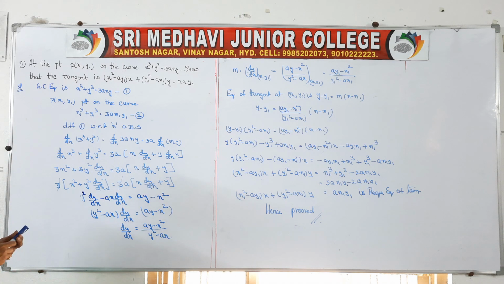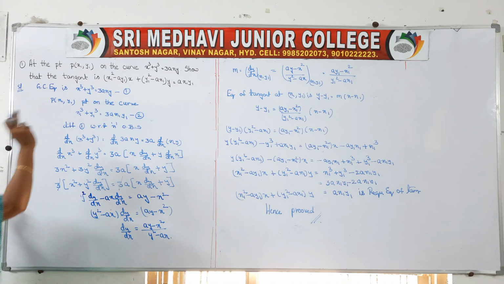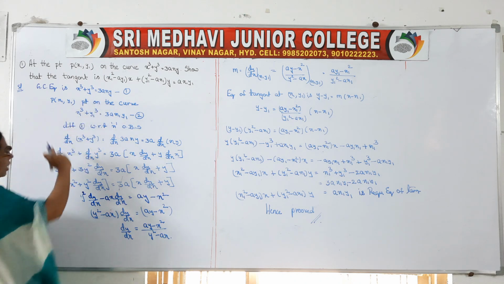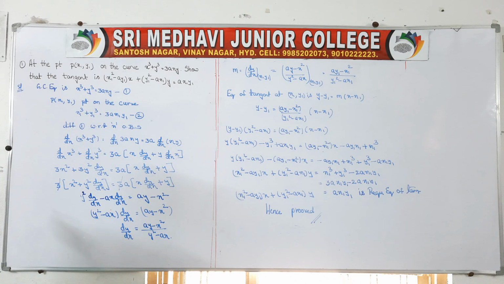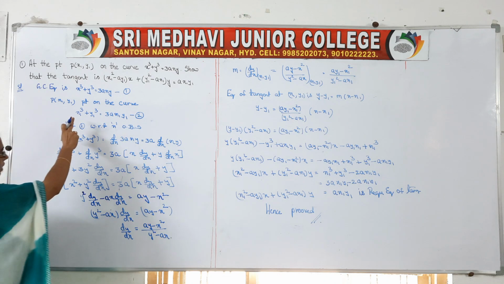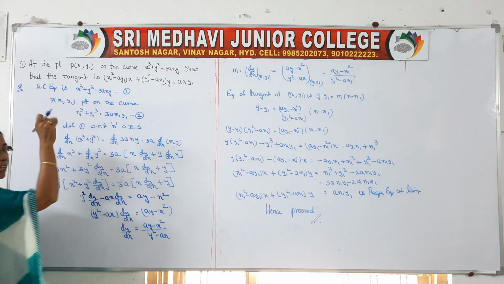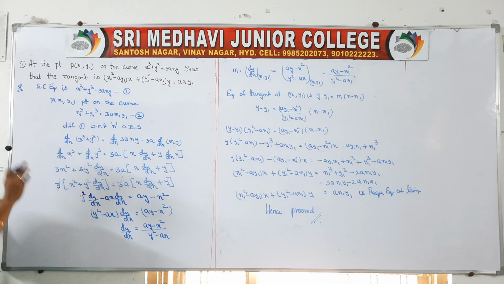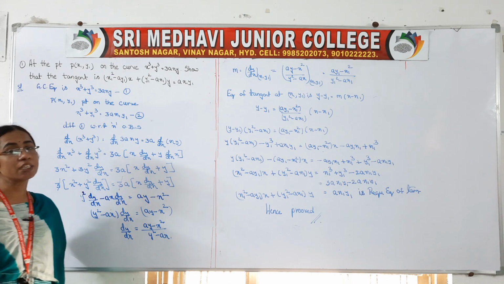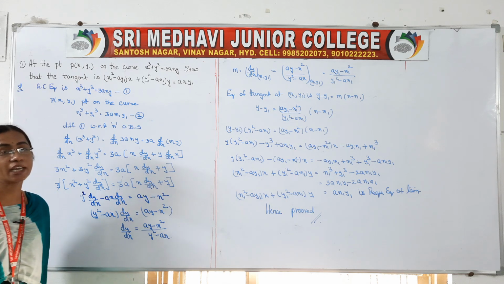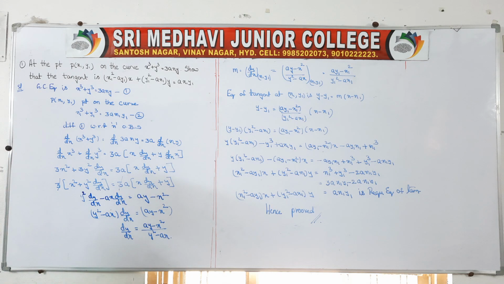Just take the curve equation first, and take P (x1, y1) as the point on the curve. Then the point lies on the curve equation, that will be the second equation. Now we need the m value, where m is dy by dx, to write our tangent equation.